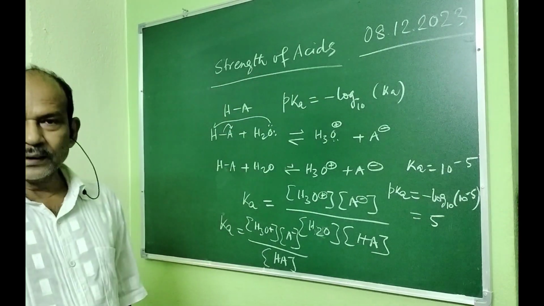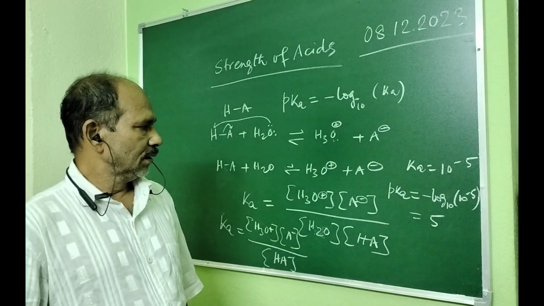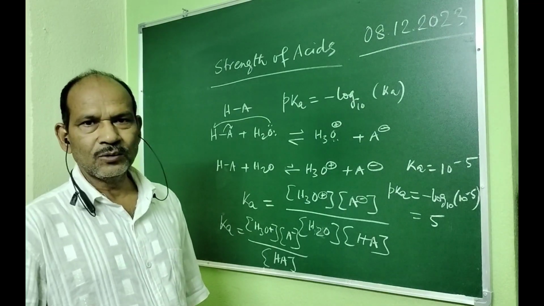So K is 10 to the power minus something, whereas pK is a positive value.